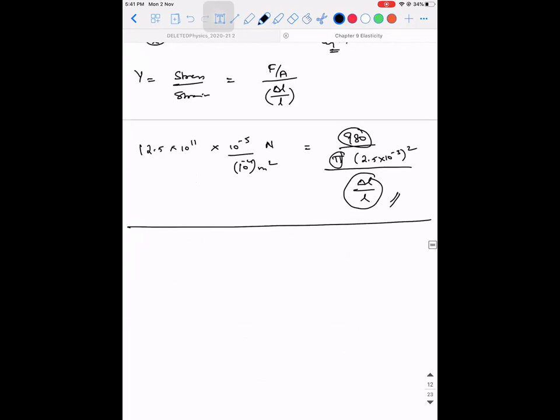Okay. So the next I'm going to explain is called bulk modulus of elasticity. It is represented by kappa. So write it down.